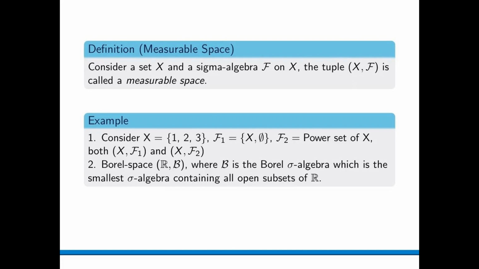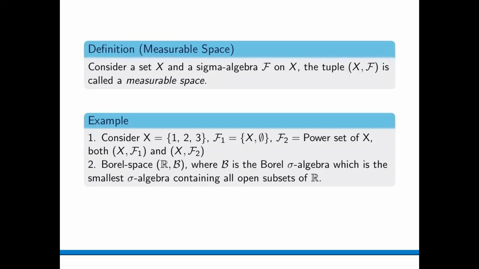The second sigma algebra on the same set is the power set of X, basically the set of all subsets of X, and X and F2 form another measurable space. You can just check the definitions. Very trivial.